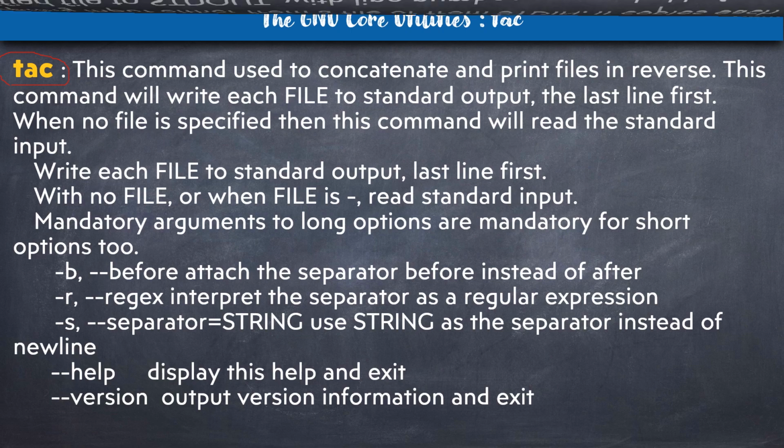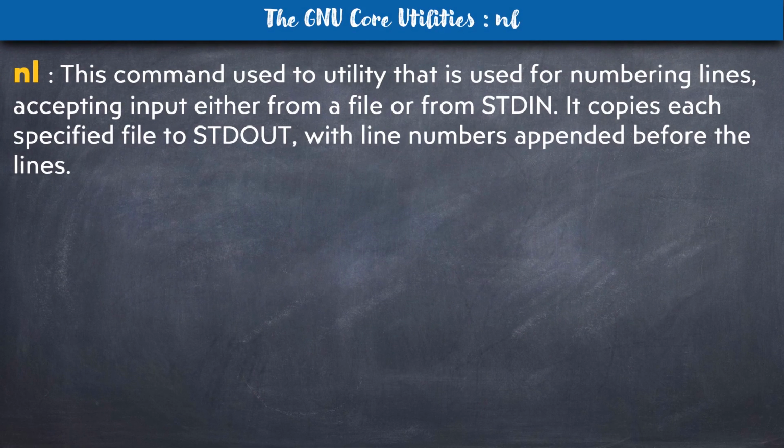And then we have the nl command. It is a command line utility that is used for numbering lines. If you run nl on any file, it will display the line number and the content of the file. Sometimes you want to see the content with line numbers.